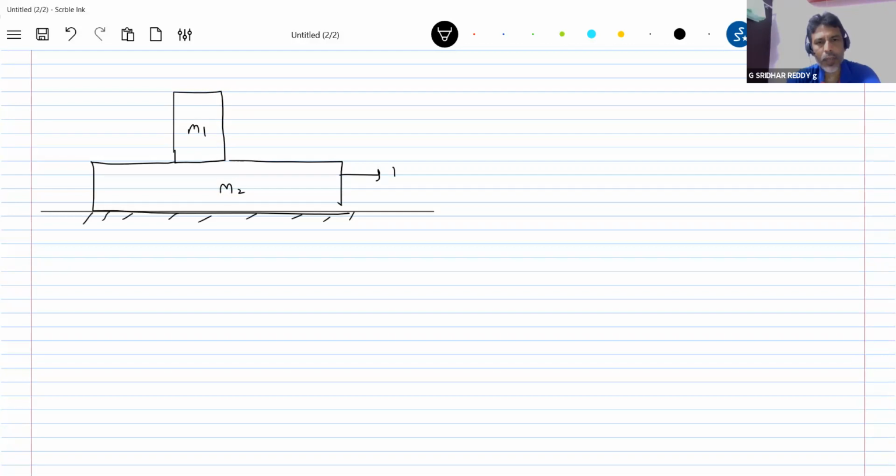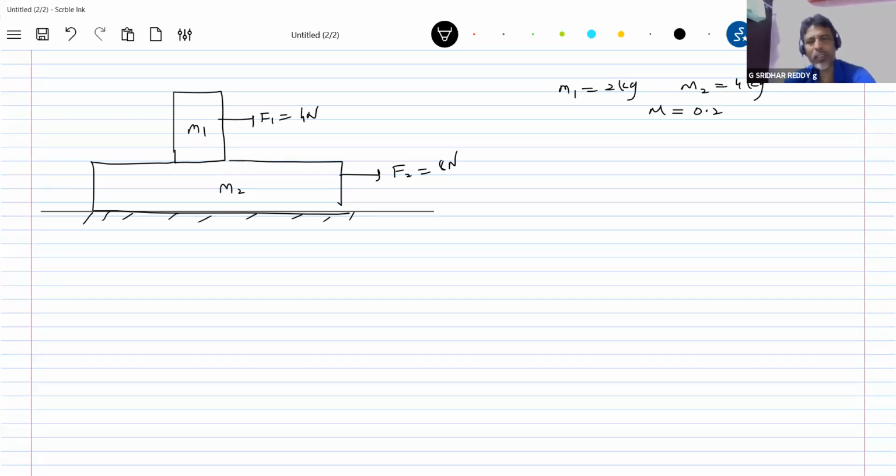I'll apply a force F2 equal to 8 Newton. F1 equal to say 4 Newton. M1 equal to 2 kg. M2 equal to 4 kg. I'll just write mu, mu s, mu k doesn't matter, sir, 0.2. Okay, now this is smooth. This is rough.